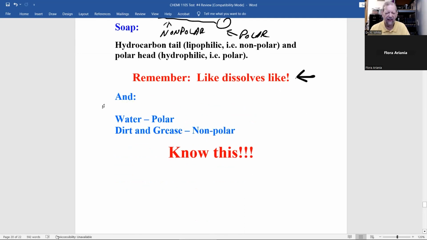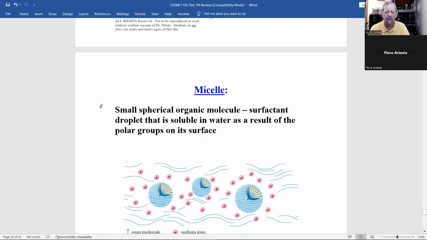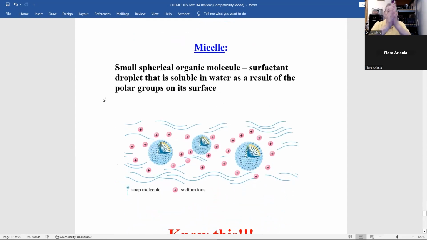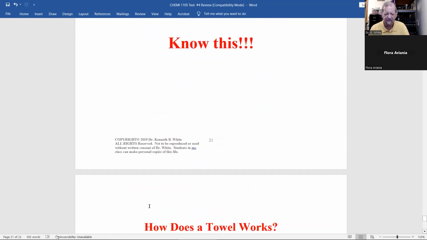And what happens is you form micelles when you wash your hands with soap and water, because with just water, they'd still be dirty. Notice I use soap and water, so that's why my hands are clean. And you form micelles, and you should know this.